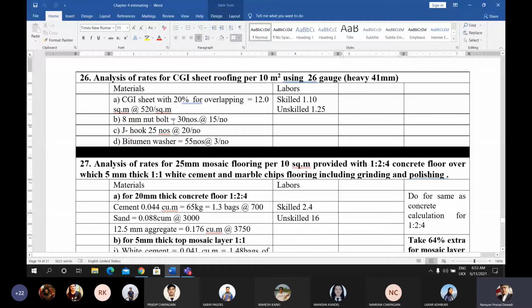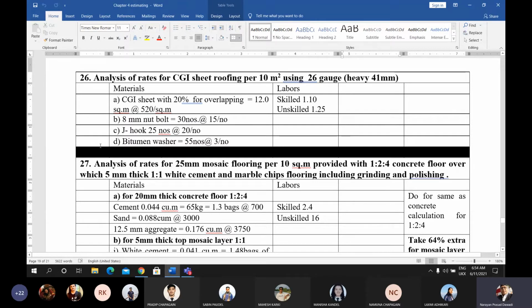Now, labor required for 10 square meters of roofing: skilled manpower is 1.10 number, and unskilled manpower is 1.20 number. Provide skilled manpower at 1200 rupees per number, and unskilled manpower at 900 rupees per number.